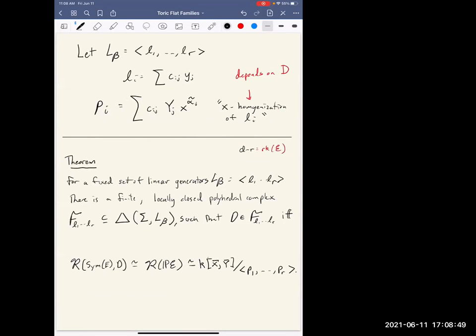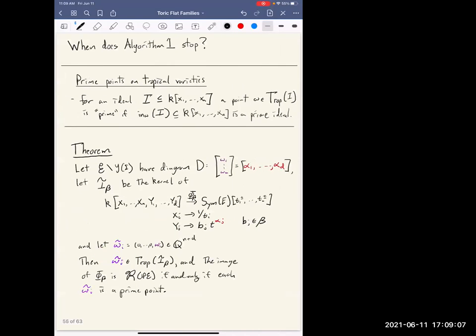So if we start with a linear ideal, and a diagram D rather, there's a specific way that one can take the diagram D and homogenize a generating set of that ideal to get a collection of elements in this ideal I sub B that I told you about earlier.